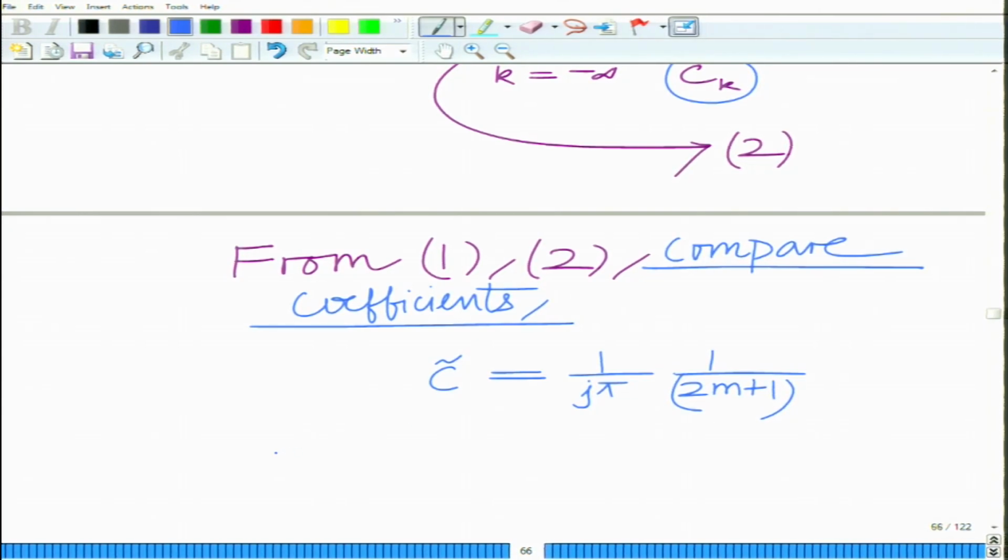But remember, as you can see from above, c tilde k is nothing but j omega naught k c k.